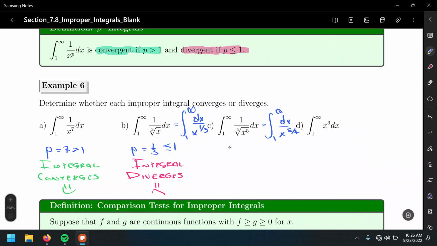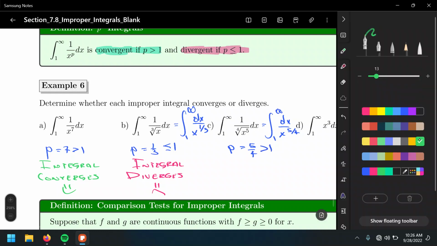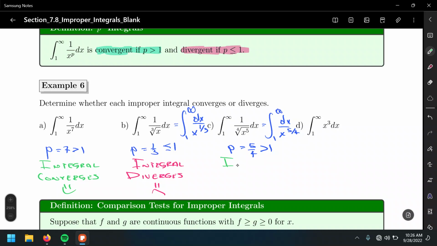The value of p in this case is 5/4. Now the question is, is 5/4 greater than 1 or less than or equal to 1? It's greater than 1. That means the integral converges.